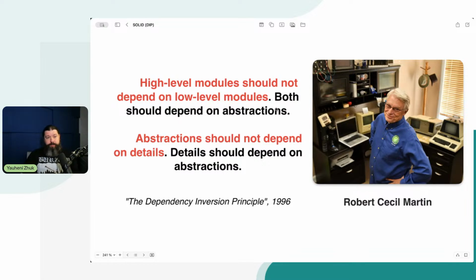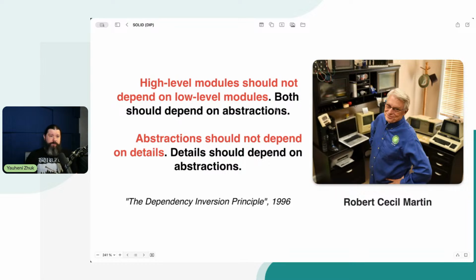As with many other SOLID principles, it was invented, maybe not invented, but first mentioned by Robert Martin, our well-known Uncle Bob. It is defined in two sentences, both of which you can see on your screens. Let's read them together. High-level modules should not depend on low-level modules.